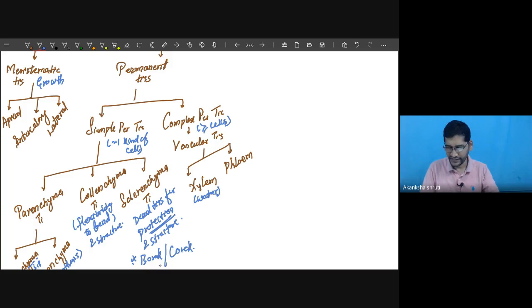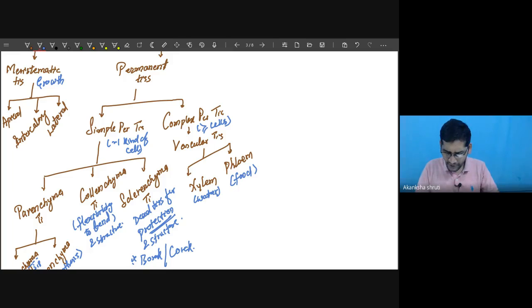We will learn more detail about the xylem. Phloem is for carrying food. For growth of any organism or cell, food is always required, and the plant prepares its food in its leaves. So from the leaves, the prepared food is transferred to different parts of the plant, even to the stem and roots, so that all parts can grow.